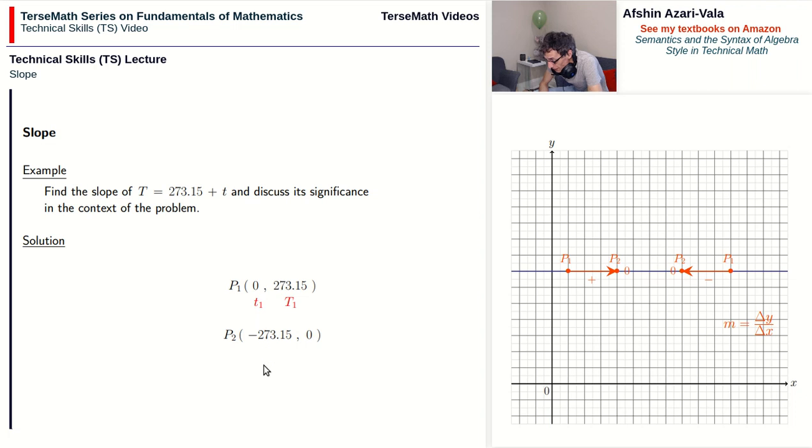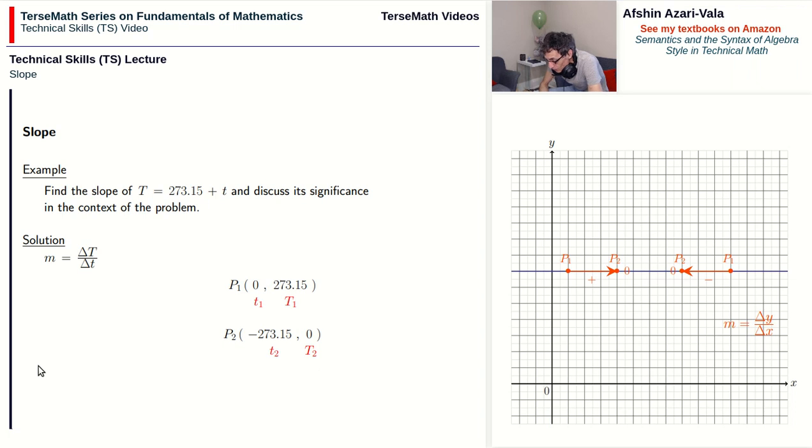And these other 2 values for point 2 are lowercase t2 and capital T2, with lowercase t2 being the coldest possible temperature that you can have in degrees Celsius, negative 273.15 degrees Celsius, and that corresponds to 0 kelvins.